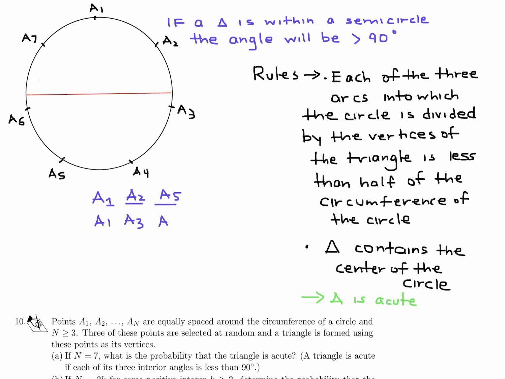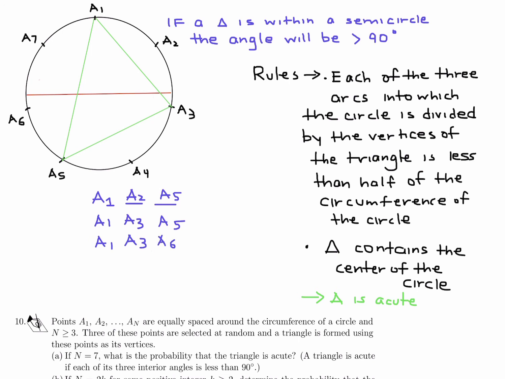What's next? A5. Okay. A1, A3, A5. Let's see here. Yeah, this one works. This one is definitely a keeper. So it works because it satisfies both of my rules. Great. All right, now moving right along. A1, A3, how about A6?